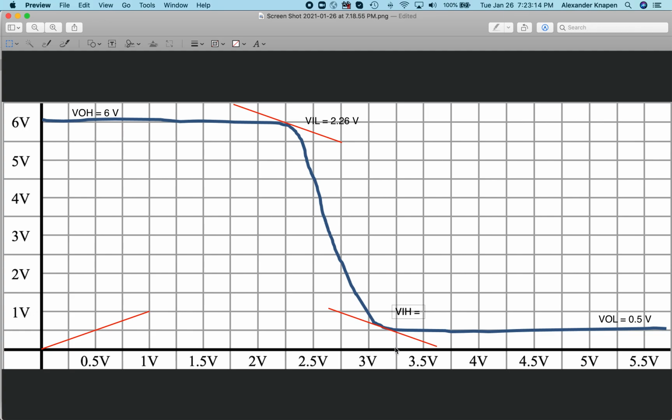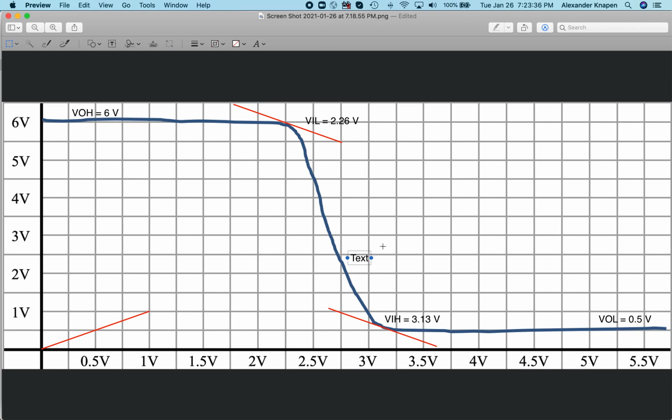This is 3 volts, this is 3.25 volts, so let's approximate that as 3.13 volts. So we now have two points for each margin that define the lowest logic 1 and highest logic 1 that the second circuit can receive, and the lowest logic 0 and the highest logic 0 that the second circuit can receive.